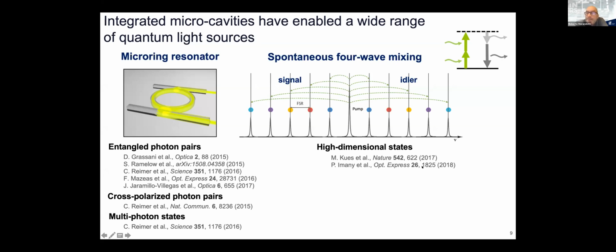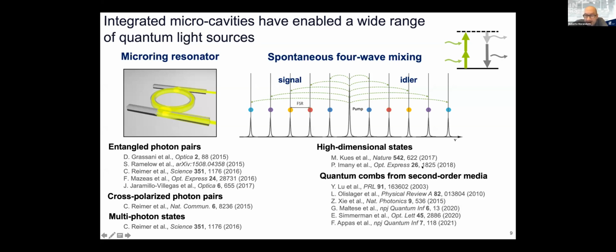That work was also done by the group of Weiner, as I mentioned before. Then other people are looking at quantum combs from second-order media. I forgot to say we use glass, so it's a third-order medium. Second-order media have the advantage that they're typically more nonlinear, so you need less energy to generate this kind of phenomenon, but at the same time, it's more difficult to do phase matching.